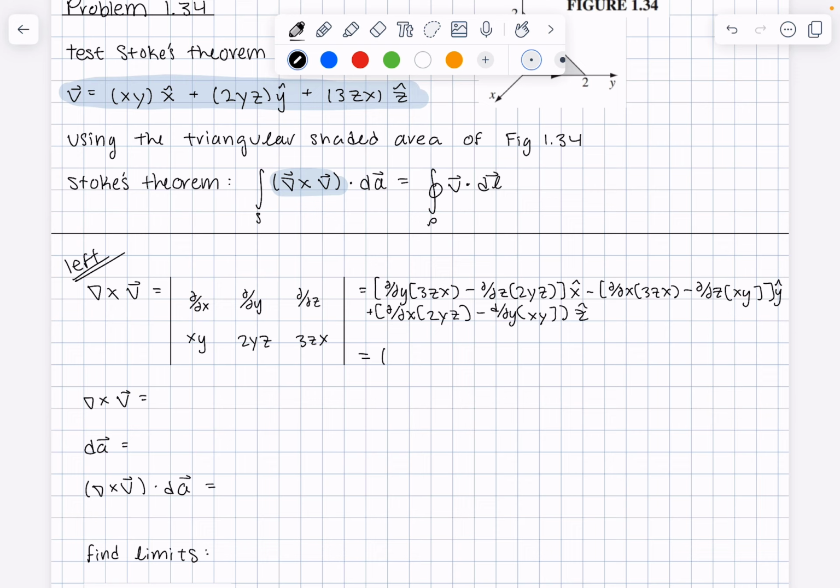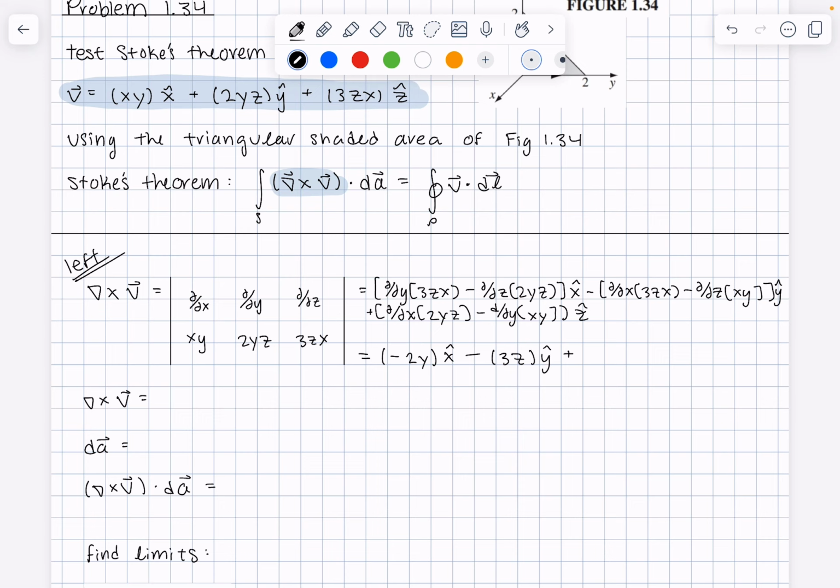So then we'll just have minus the partial with respect to z of 2yz. That will just be 2y in the x-hat direction, minus the partial derivative with respect to x of 3zx, which is just going to be 3z, and the partial with respect to z of xy is going to be 0, so you don't have to subtract anything there. So that's in the y-hat direction.